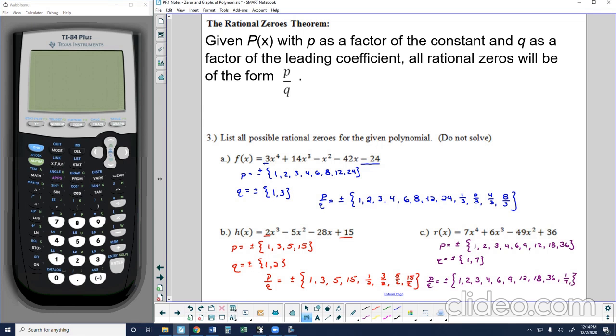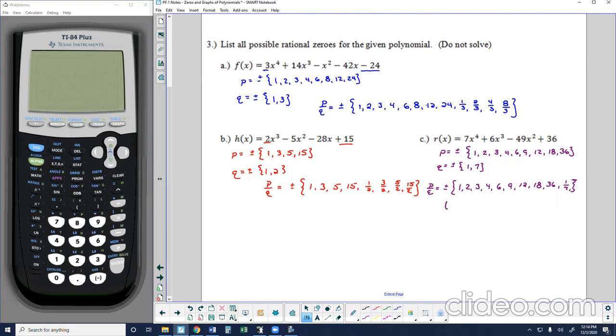I'll go ahead and close this set and start a new set. I need a little more room here. Then continue with 2 over 7, 3 over 7, 4 over 7, 6 over 7, 9 over 7, 12 over 7, 18 over 7, and finally 36 over 7.